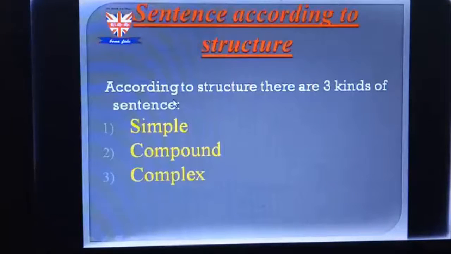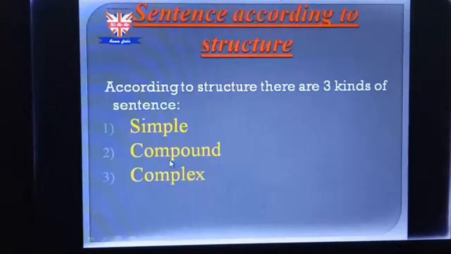If we are discussing the classification according to structure, there are three kinds of sentence: simple, compound, and complex. If we want to know the definition of this classification, usually we go for the simple first, then compound, and then complex.